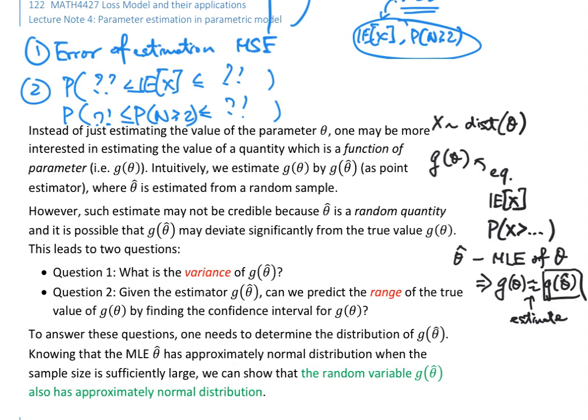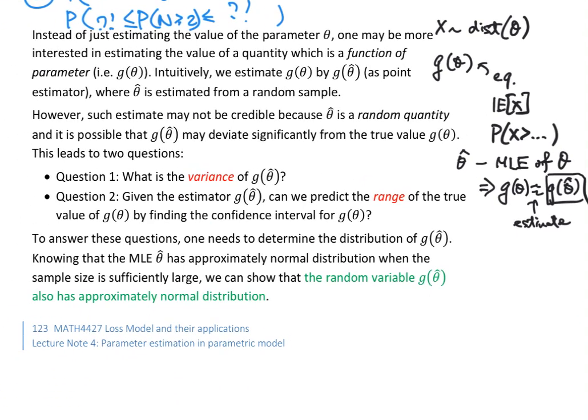Remember our goal here is to study two things. First is the error of this estimator, which is your mean square error. In order to investigate this mean square error, you have to know the variance of it, and of course also the bias.